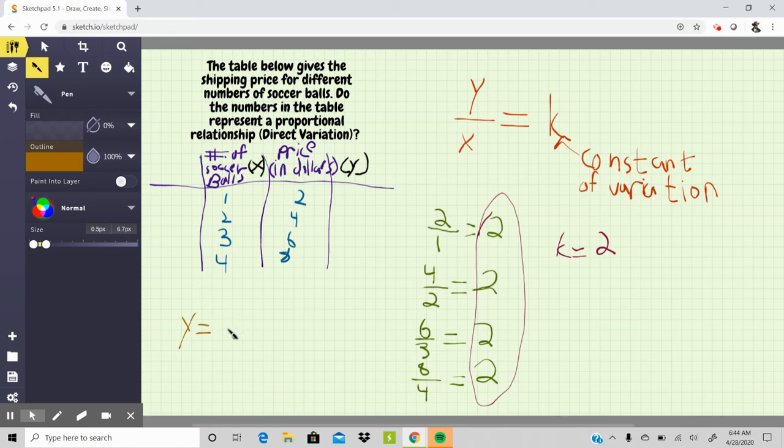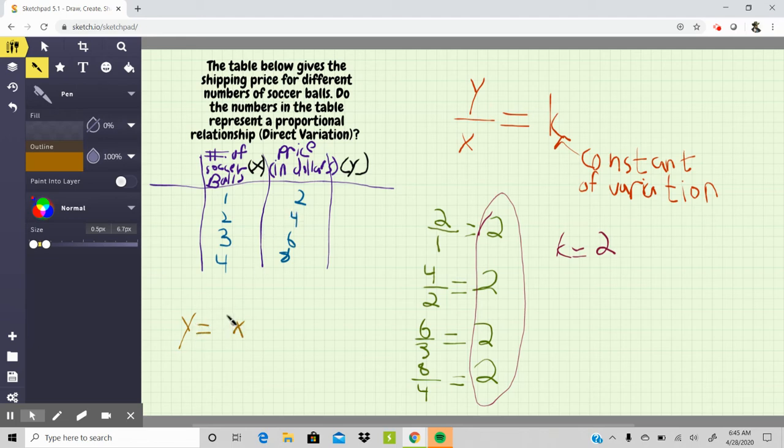All right, there's going to be something with an x over here. And I have to be able to plug my x variable into this equation. So let's just say I have to be able to plug in 1 right here, 1 soccer ball, and I need to be able to get out 2 for y.